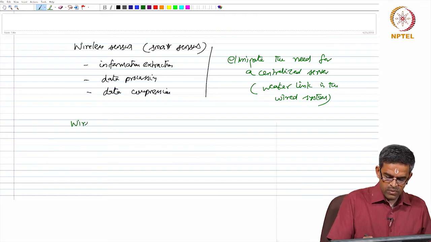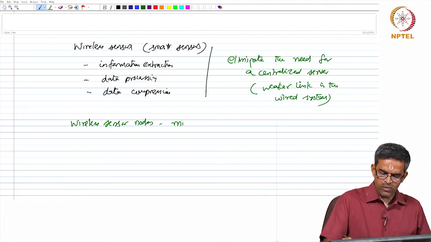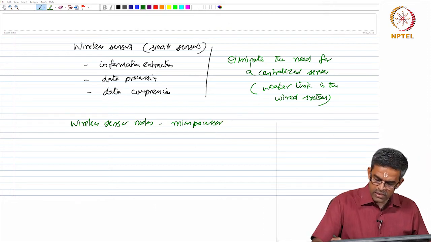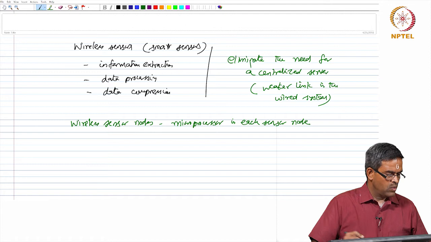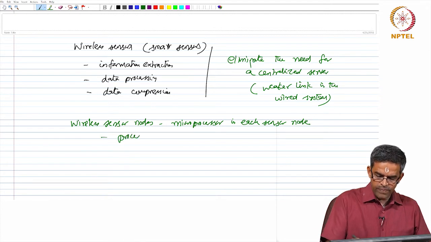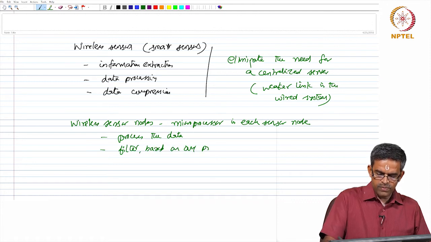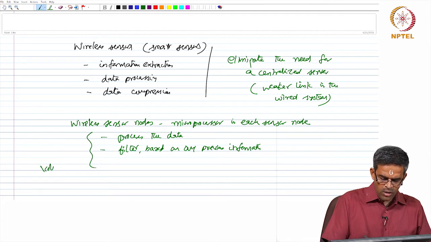Wireless sensor nodes also have microprocessor, which we saw in the last lecture, in each sensor node, which can process the data, filter the data based on any previous input, so this reduces the volume of data to be transmitted.